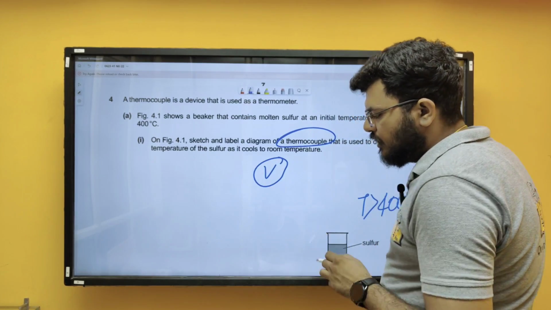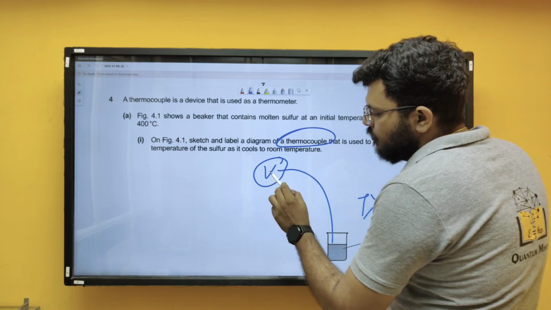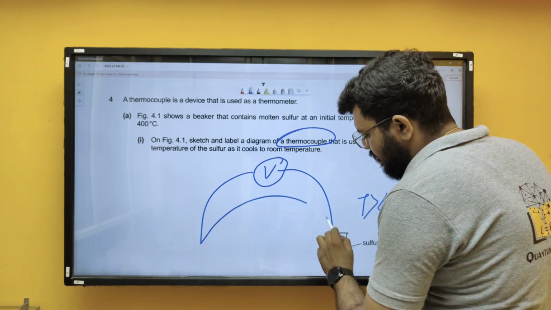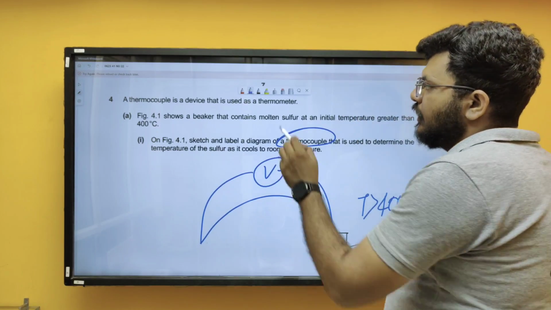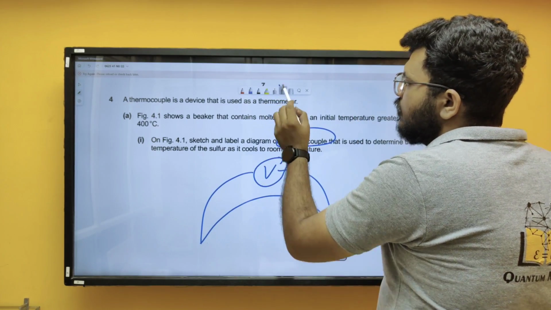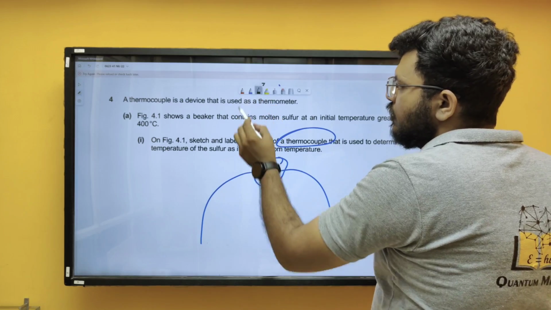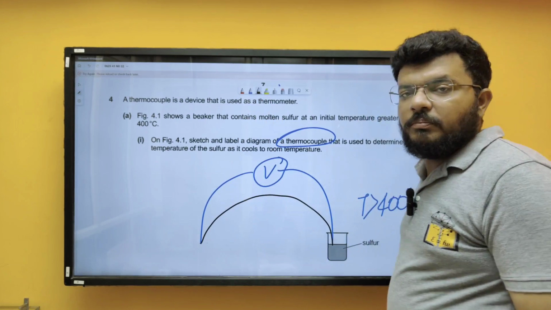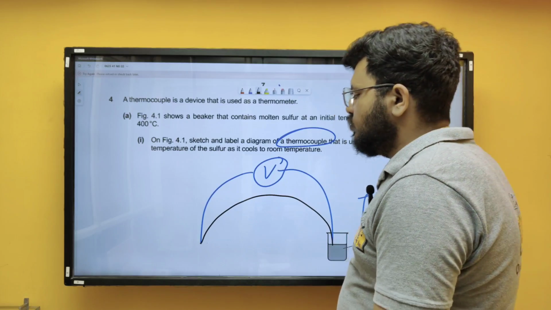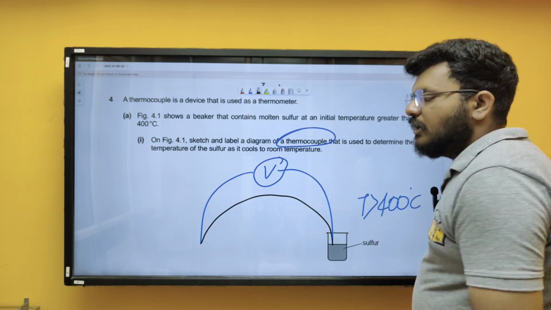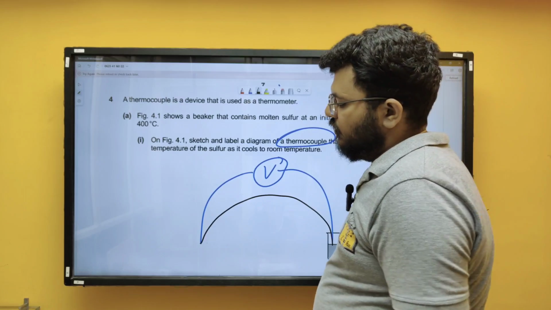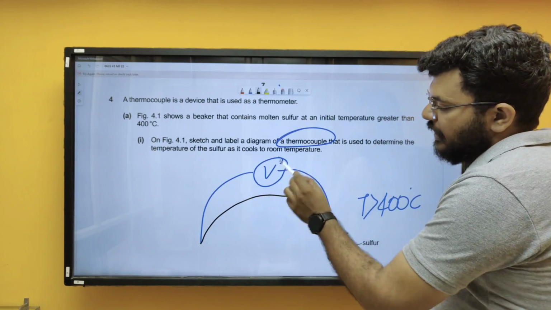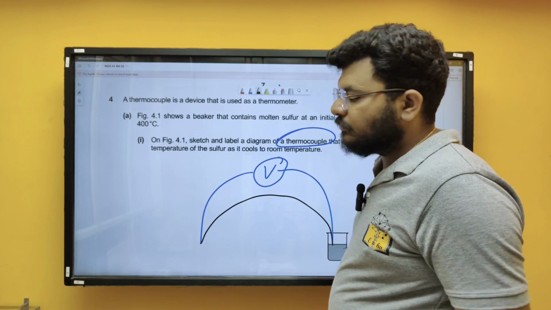So there is a voltmeter that measures the temperature difference between the environment and the hot sulfur, right? But how does it do it? Now, this is not mentioned in our textbook, but this is a Peltier effect situation, right? If there is difference in temperature, the electrons will transfer from higher to lower temperature, giving rise to voltage, right?